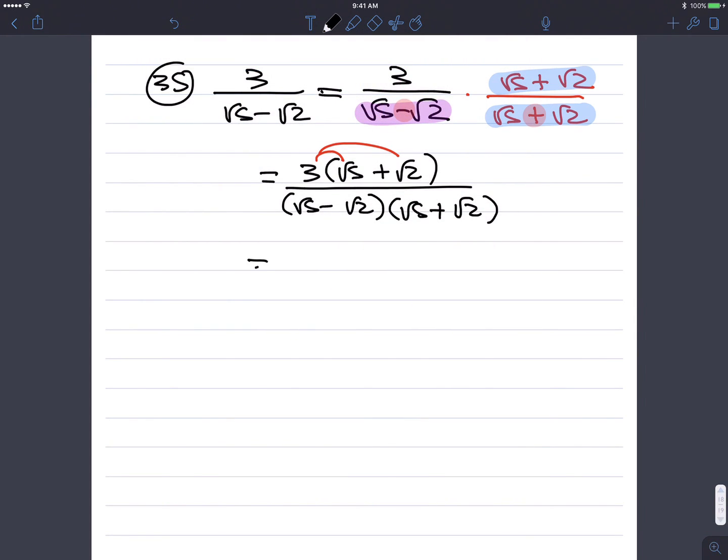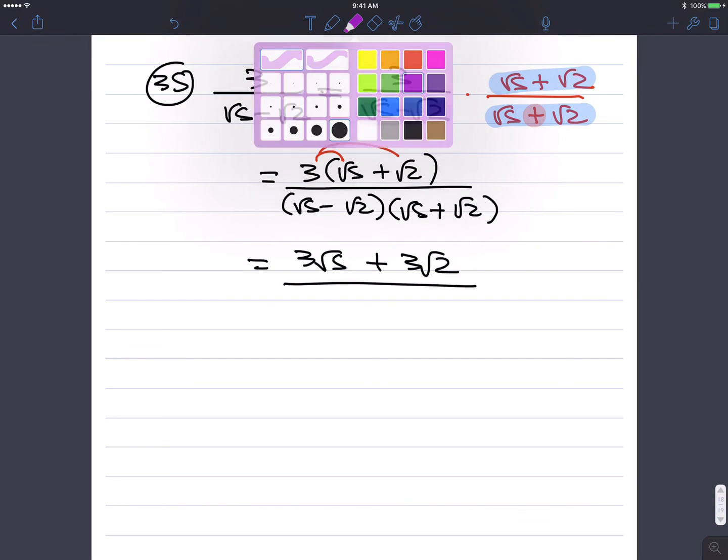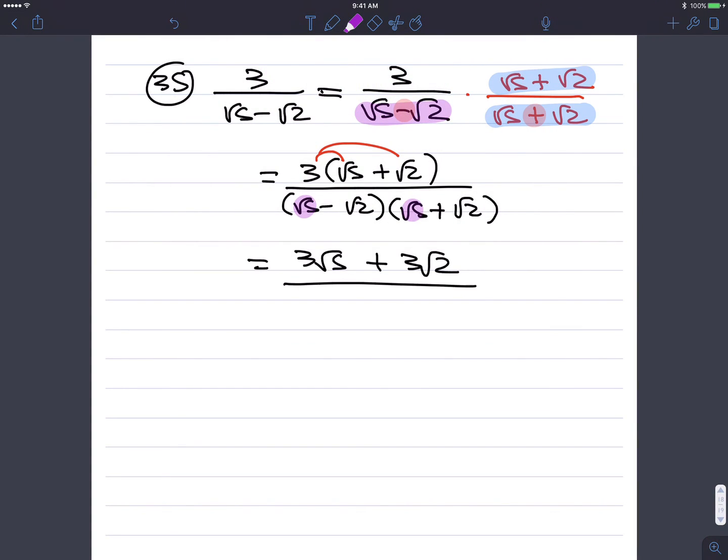We get 3 times the square root of 5 plus 3 times the square root of 2 over square root of 5 times square root of 5, which is going to be 5.